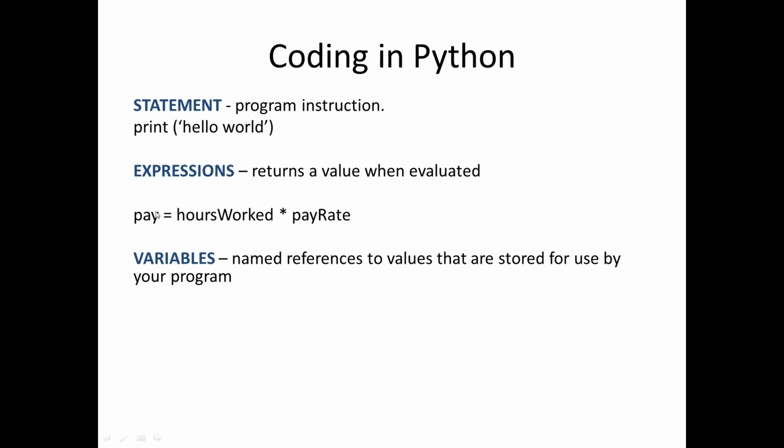So in this particular case, pay is a variable, hours worked is a variable, and pay rate is a variable. Assignment is used to assign values to variables. And here, in addition to seeing variables in this statement, we also have assignment because we're assigning the value of hours worked times pay rate into this variable called pay.